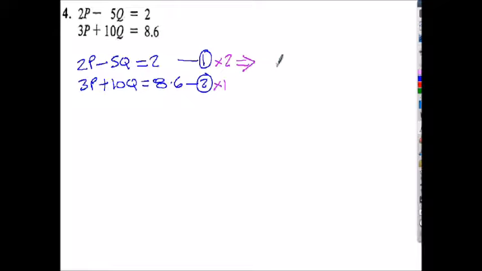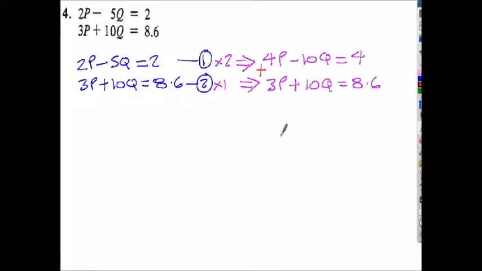So multiplying the first equation by 2, that will be 4p minus 10q, and that's equal to 4. So multiplying throughout by 2, and the second equation here I'm leaving as given. So notice the signs for the q coefficients are different, so we will add the equations to eliminate q.